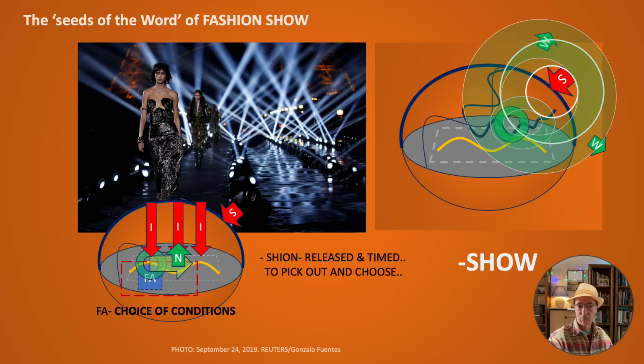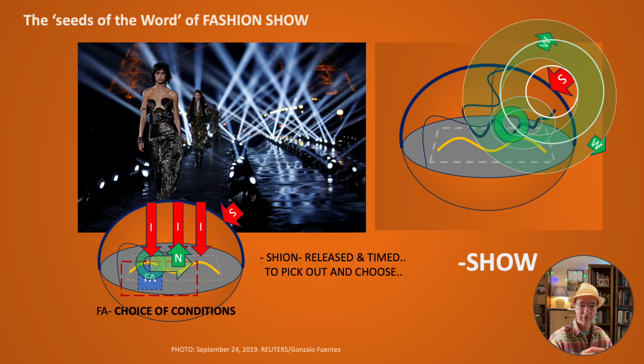If I take just a random image from a fashion show, the fashion is then, of course, the conditions that are worked out on the floor where they have the walk and demonstration of the clothes, the fashion clothes, where you can see them and pick them out when you say wow, the wow effect.